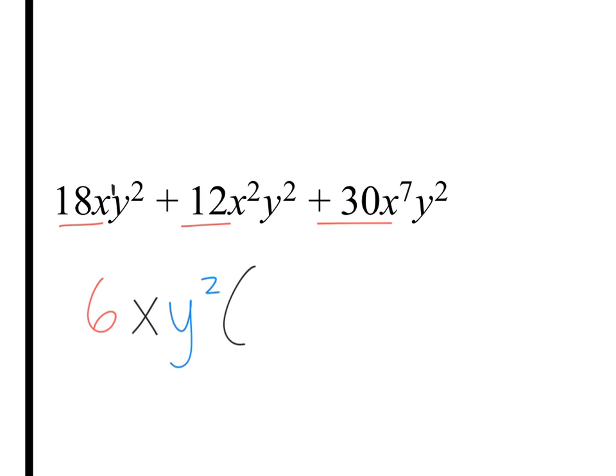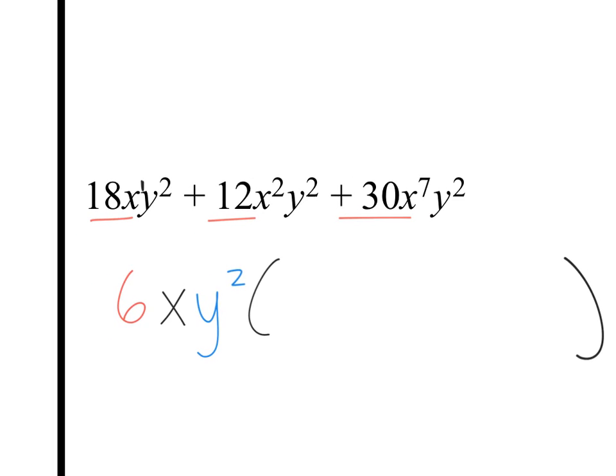That way, in parentheses, 6 times 3 is 18. You already took out the x and the y squared. That's all that's left. 6 times 2 is 12. You had 2 x's, you took out 1. How many are left? 1.